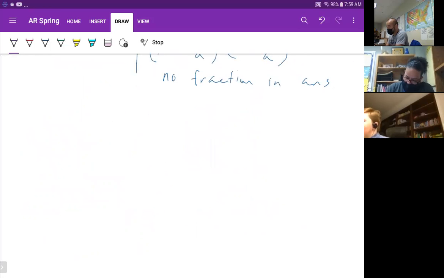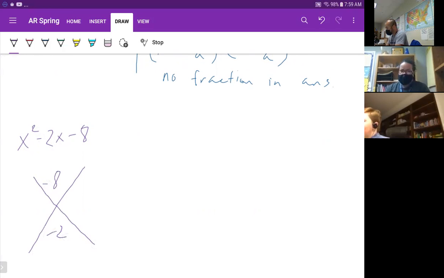So this kind, let's do x squared minus 2x minus 8. So I'll put the minus 8 here and the minus 2 here. So factors of negative 8. That's going to be 1 and 8, 2 and 4, and that's it.